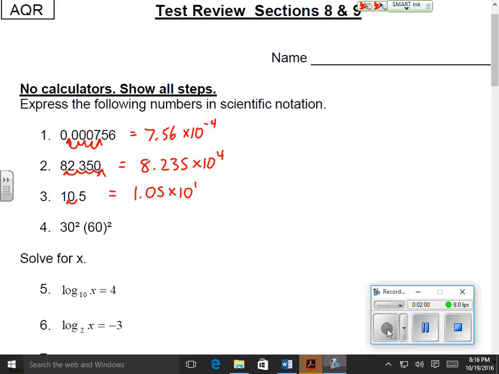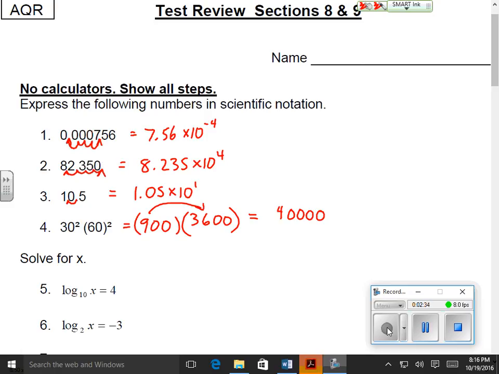Now on number 4, we have 30 squared, which would be 900, times 60 squared, which is 3,600. So the answer there would have 4 zeros, plus 6 times 9 is 54.